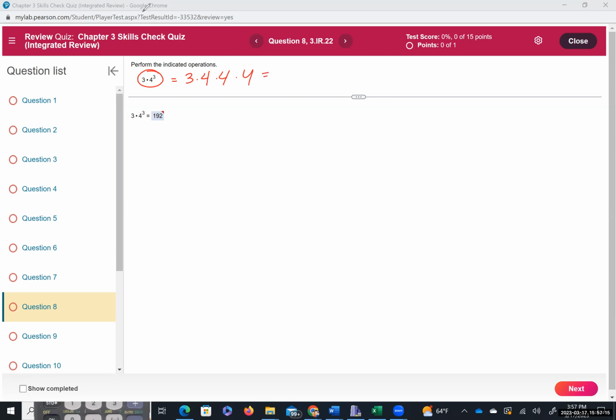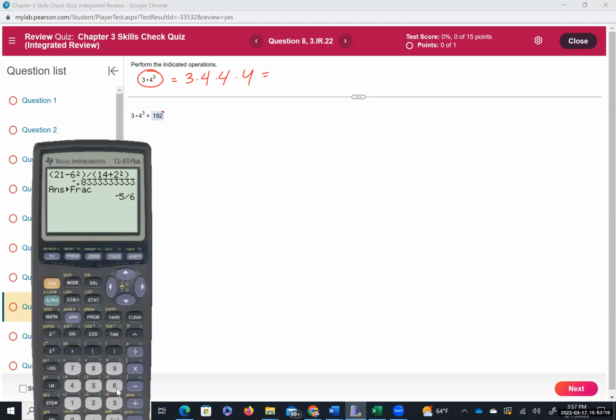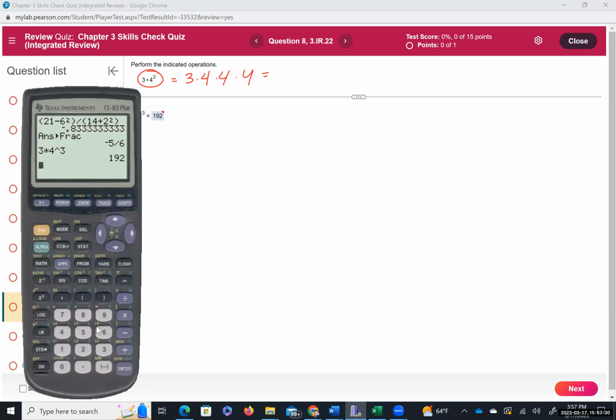I would say for this, you can actually use calculator to save the line. So 3 times 4 to the power of 3. And you enter that. So you got 192. That's the answer here.